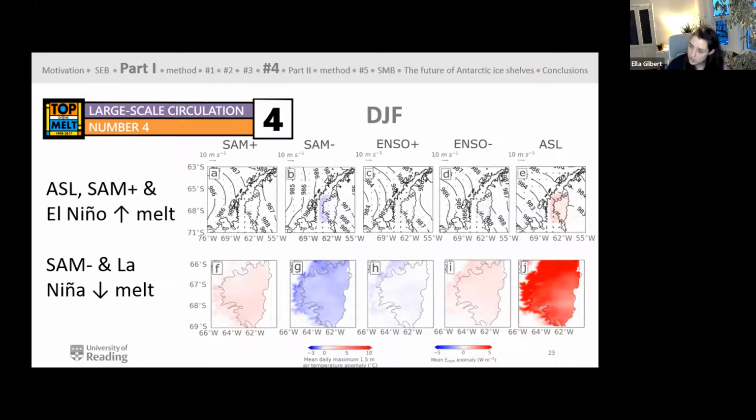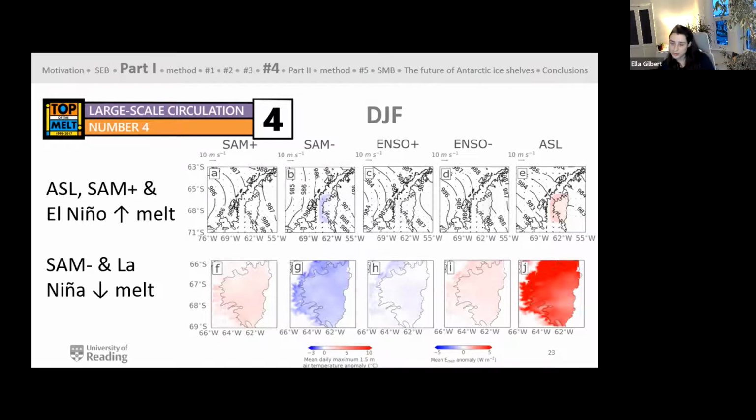ENSO, which is related to tropical Pacific sea surface temperatures. And the Amundsen Sea Low, the climatological low pressure center off the west coast of the Antarctic, where it is and how deep it is can impact the flow over the Antarctic Peninsula.